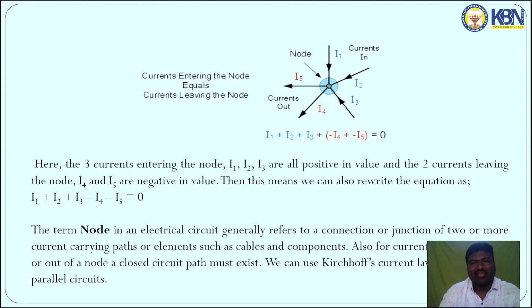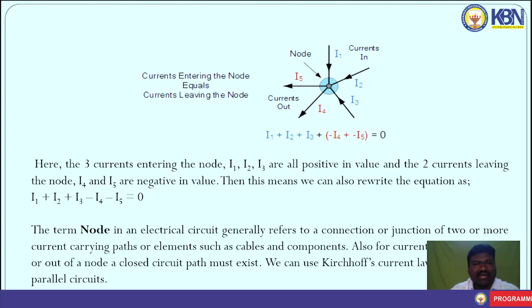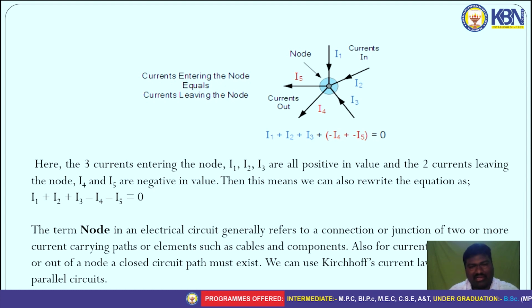So the algebraic sum of all currents meeting at a point is 0. The three currents entering the node, I1, I2, I3, are all positive in value, and the two currents leaving the node, I4 and I5, are negative in value.